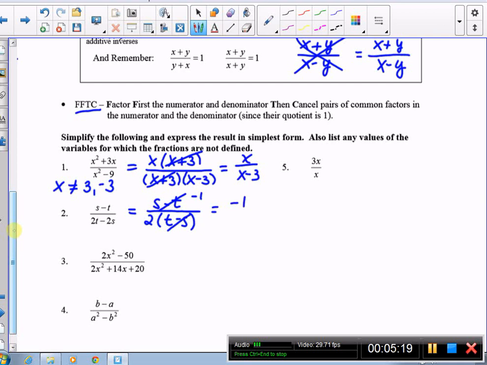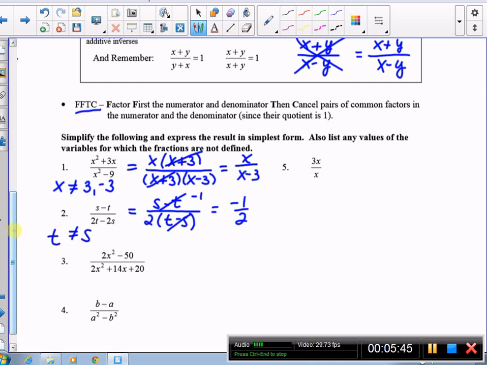So this one, the answer is negative 1 half. What makes this undefined is if t were equal to s, because you'd have 3 minus 3, 4 minus 4, whatever number you put in there, 0. So t cannot equal s, or that would make it undefined.